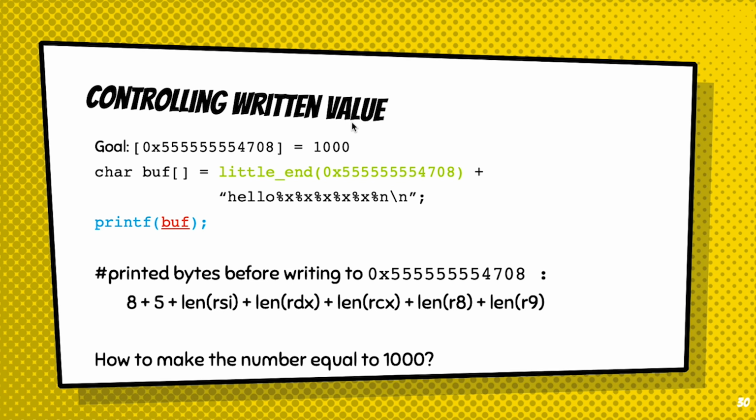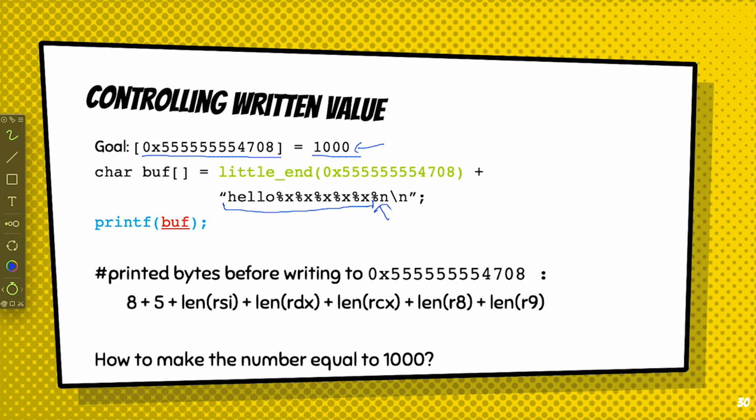Besides the register dereference issue, we may come across another problem. Suppose the goal for us is to overwrite this address with the value of 1,000. Previously we said that if we want to make this equal to 1,000, we have to make sure that the number of bytes written before we reach this point is equal to 1,000 bytes.